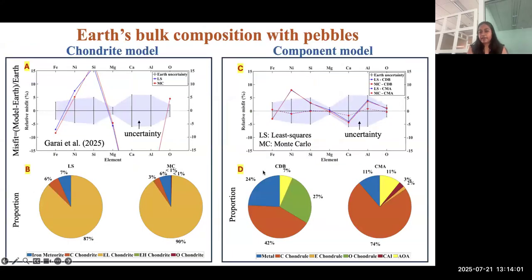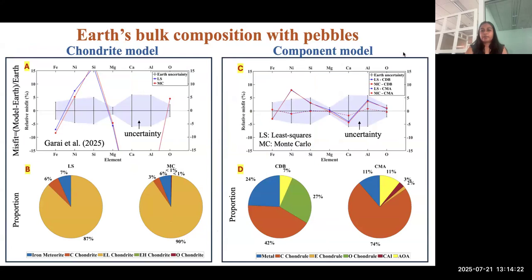Now I bring back my chondrite model in the left panel, figures A and B, and now I show my component model. Component model means it has all these components: metal grains, carbonaceous chondrule, enstatite chondrule, ordinary chondrule, and refractory inclusions, CAIs and AOAs.